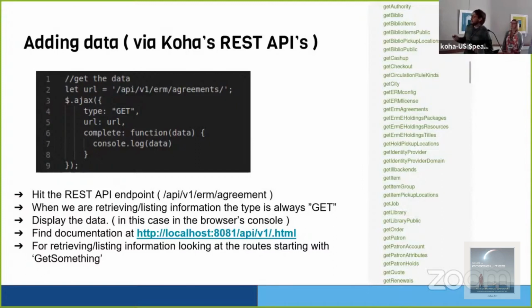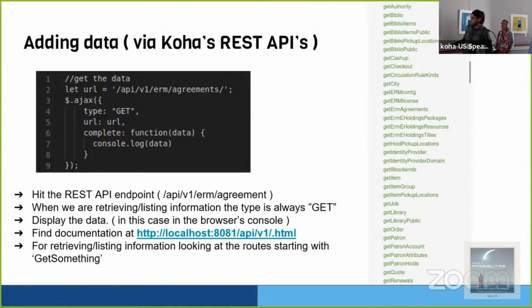And I typically do so by using a jQuery method called Ajax. I take the Koha REST API endpoint, in this example we're just using ERM agreements, to pull in that data. I'm not doing anything here, but console logging that data.